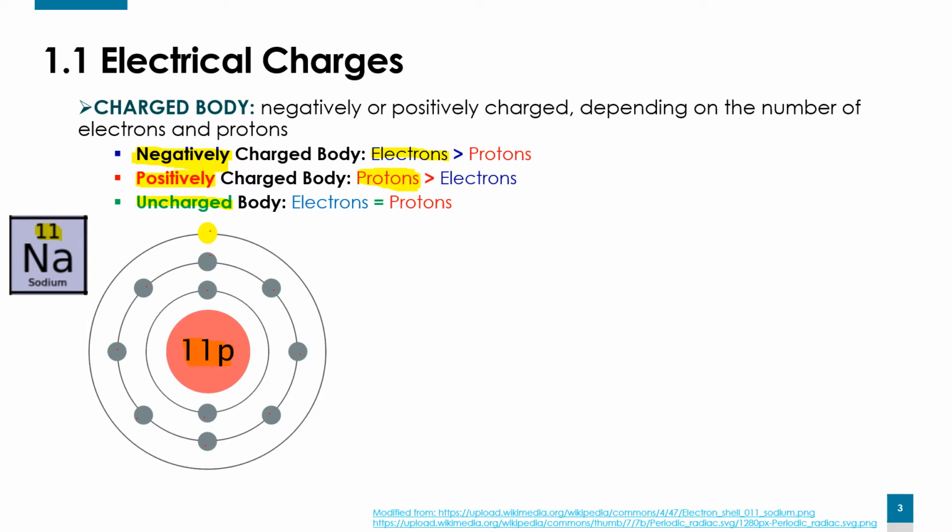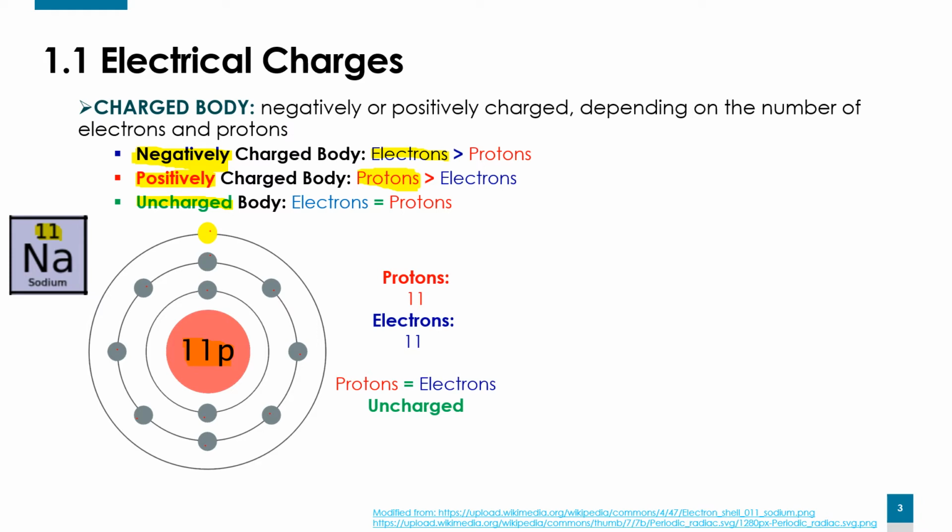So in this representation, I have how many protons? 11. How many electrons do I count? Also 11. So my protons are the same number as my electrons. So is this body negatively charged, positively charged, or uncharged? It is uncharged, right? Because it has the same number of positive and negative charges.